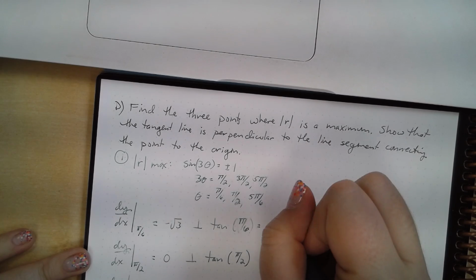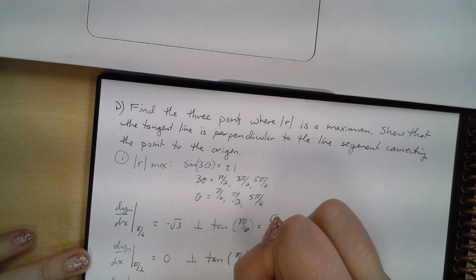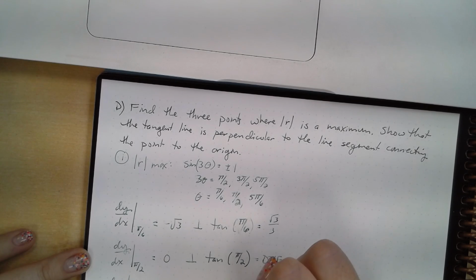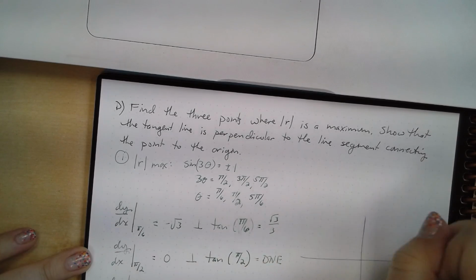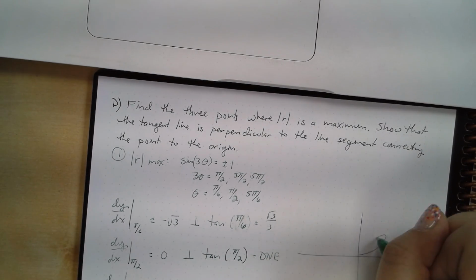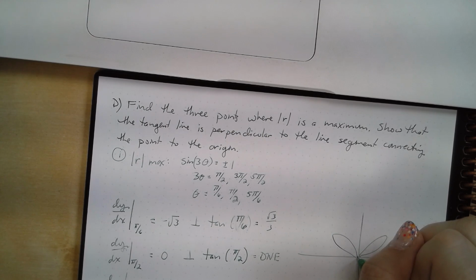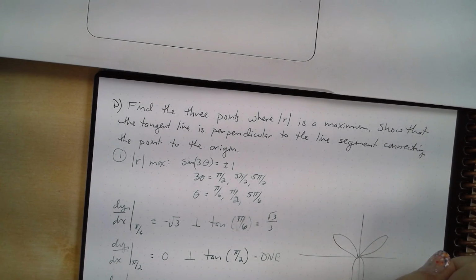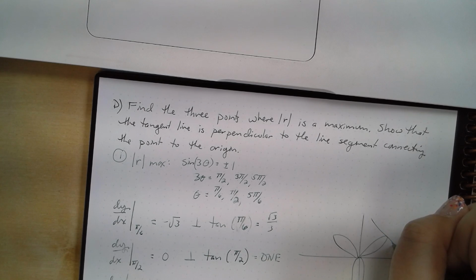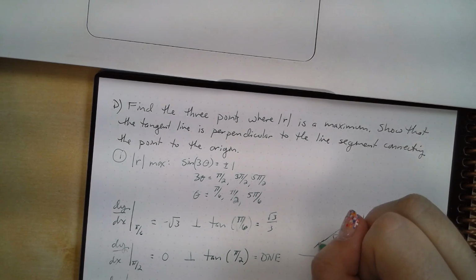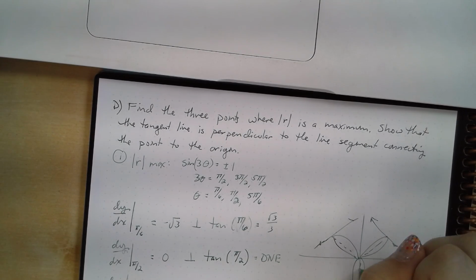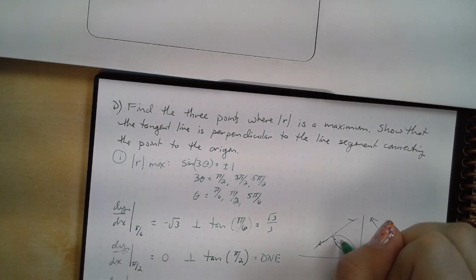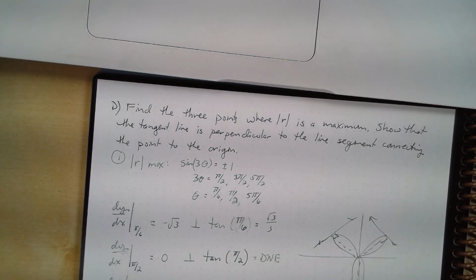Well, here this equals radical 3 over 3. This doesn't exist. And this is negative radical 3 over 3. So, if we have our graph here, this is what this kind of looks like, right? Our tangents are going to be here, right? And they're going to be perpendicular. These are all perpendicular. Not a great drawing, but it works, okay?